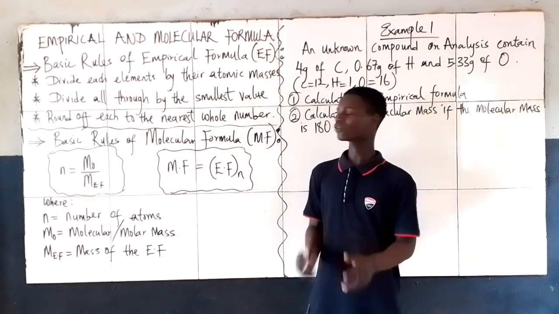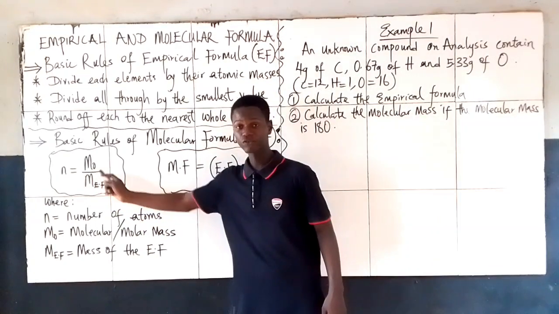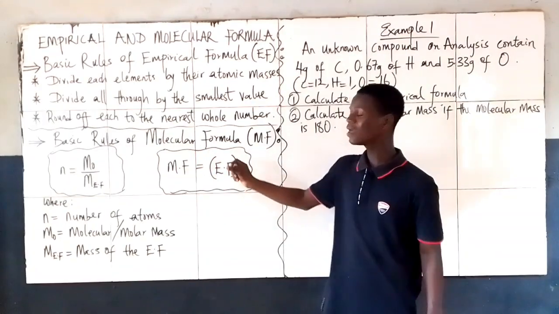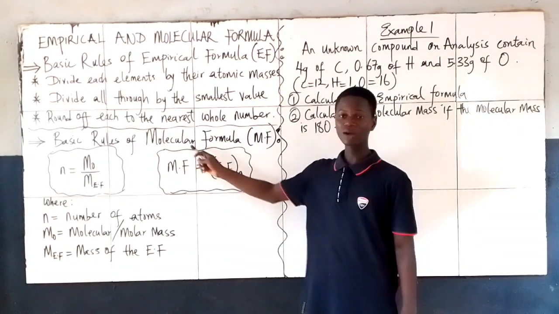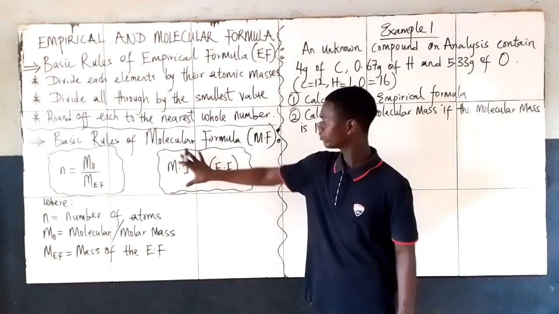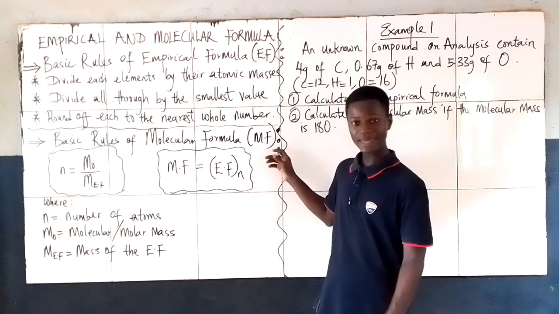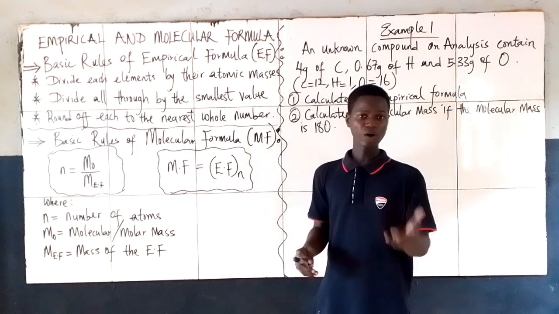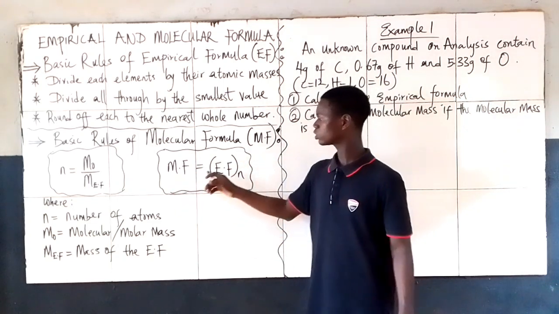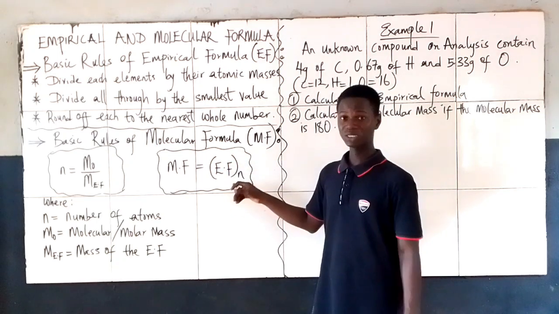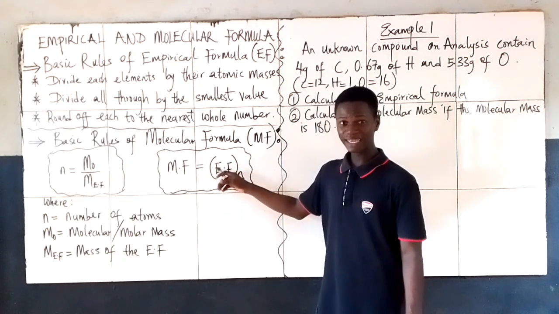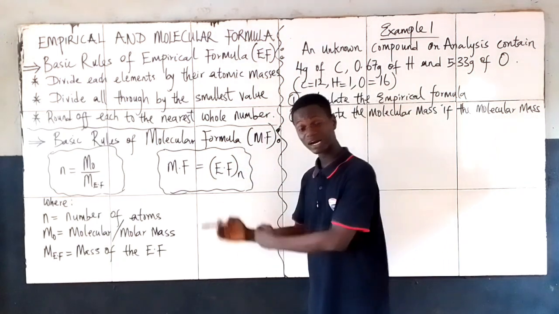After you have gotten the number of atoms using this formula, you then bring it into the main formula for the molecular formula. And what's the formula? MF is equal to EF subscript n. We all know that EF stands for the empirical formula.